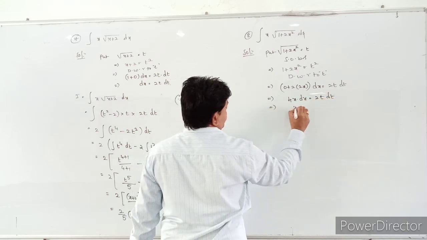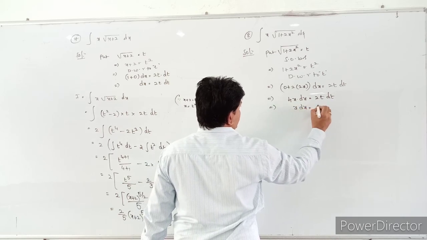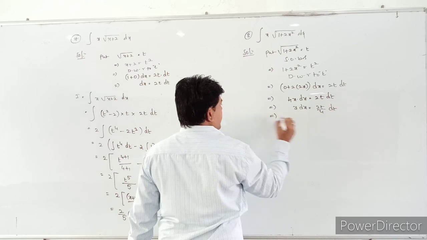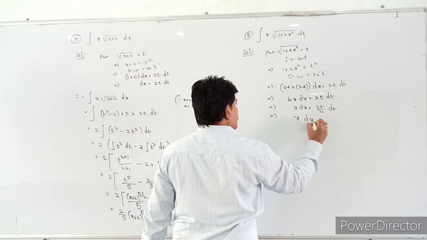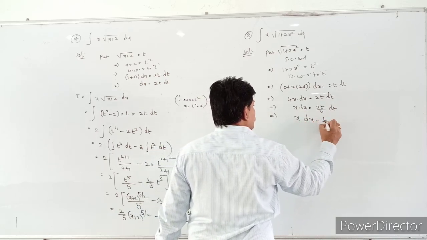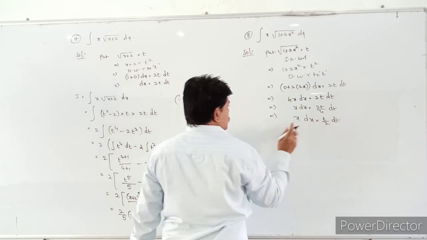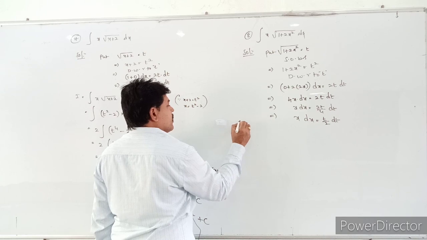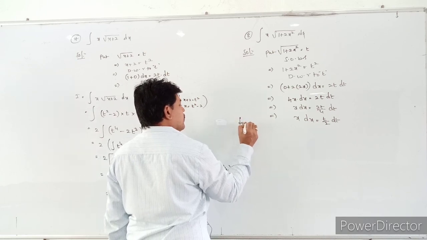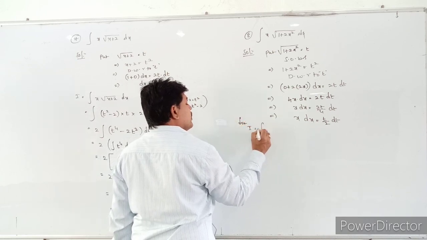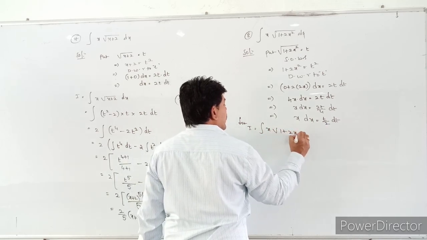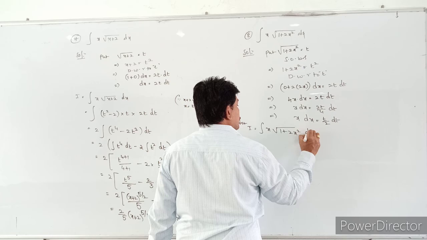So x into dx is equal to 2t by 4 into dt, that implies x into dx is equal to t by 2 into dt. So what is the problem? Let I be equal to integral of x into root of 1 plus 2x square into dx.